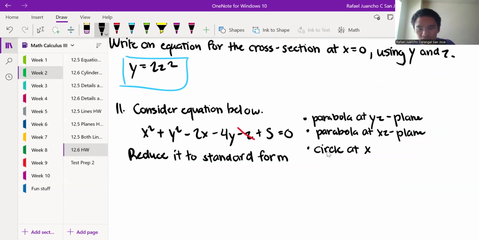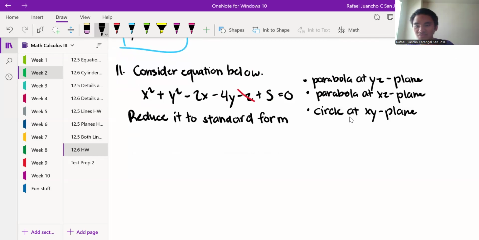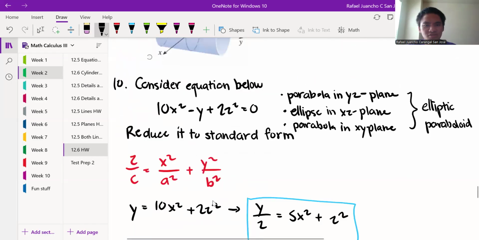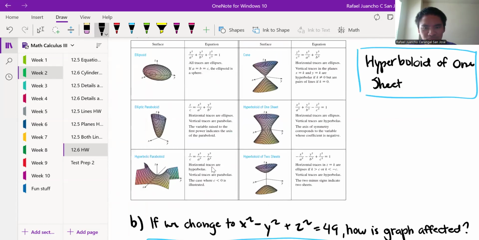It's a circle at the xy plane. And here I can tell this revolves around the z-axis. So what is this? It's a paraboloid. If we look at our table, I have a table here actually. I don't know why I didn't do that. Oh, we have two of them. It's an elliptic paraboloid.